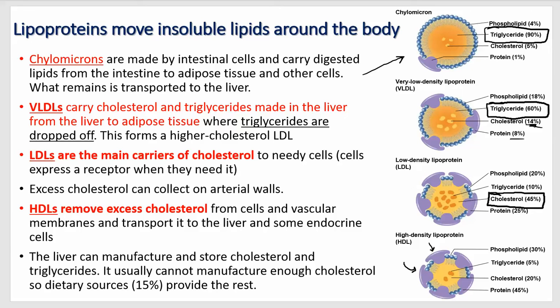Now, if the LDL's job is to drop off cholesterol and take it to cells, then HDL, if we look here, has cholesterol at only 20%, and they are higher in protein. That means their job is to collect cholesterol and then bring that back to the liver.